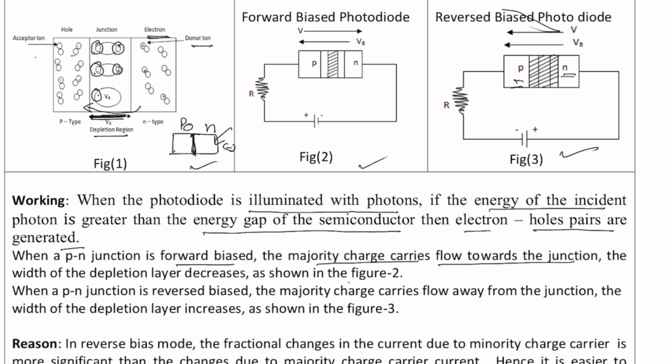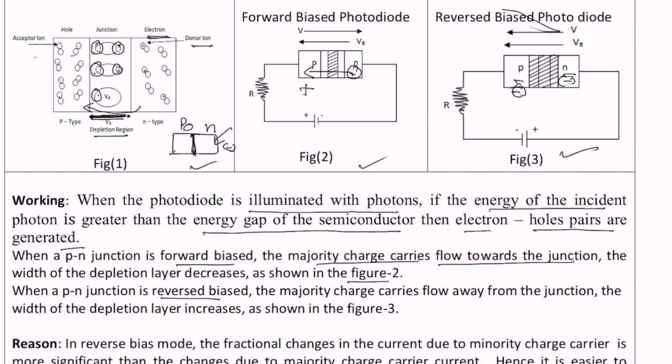So forward biasing means now what? These are the electrons, and this is connected with the positive terminal. So these electrons will come here, correct? So a rush of electrons will happen. Now when the PN junction is reverse biased, this is negative, here the electrons are there and they are the donor type, correct? So here also negative, so this will not get attracted.